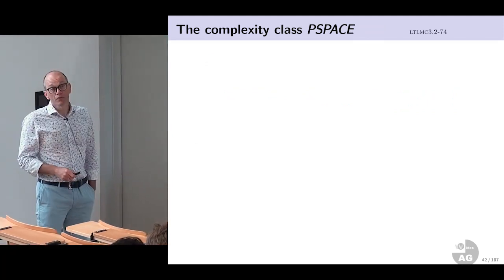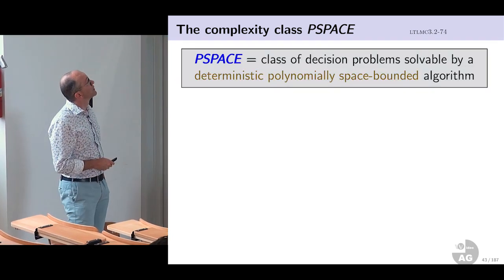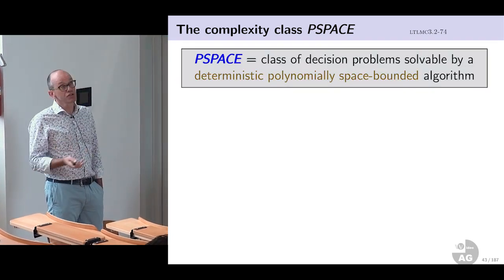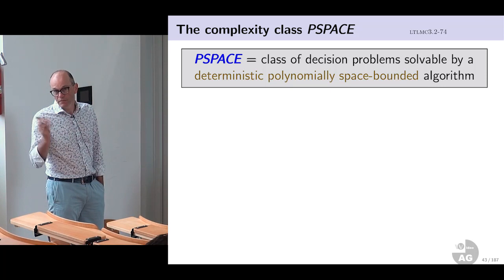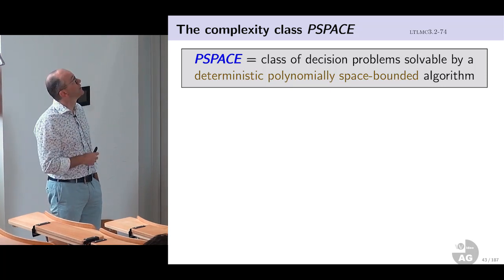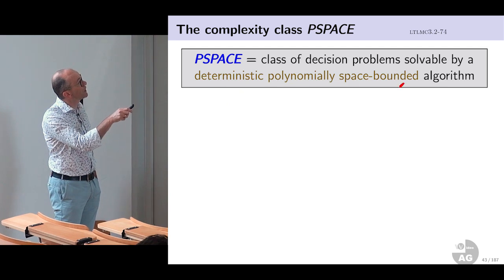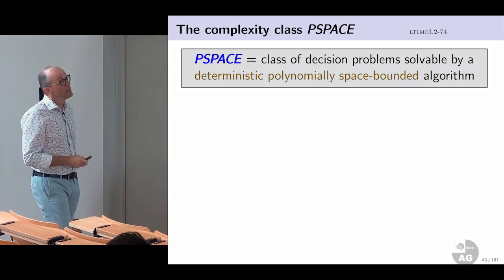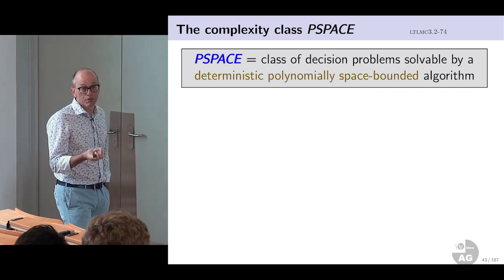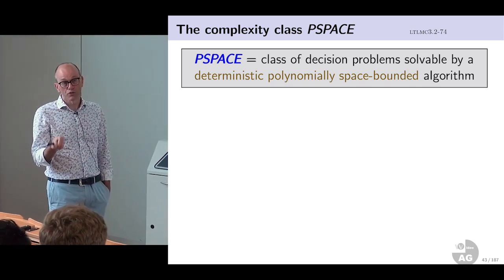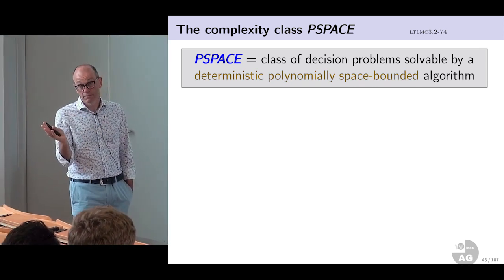So some words about the complexity class PSPACE. PSPACE is the class of decision problems, like NP, like P, etc., but now this has a deterministic polynomial space-bounded algorithm. What does that mean? Intuitively, this problem can be solved by a deterministic Turing machine, no guessing.